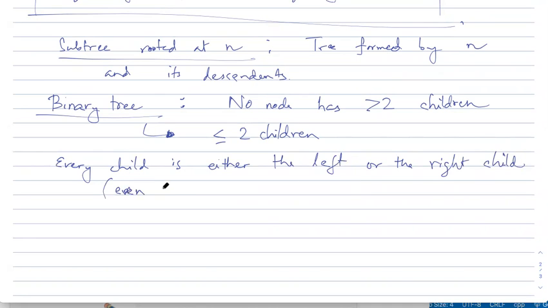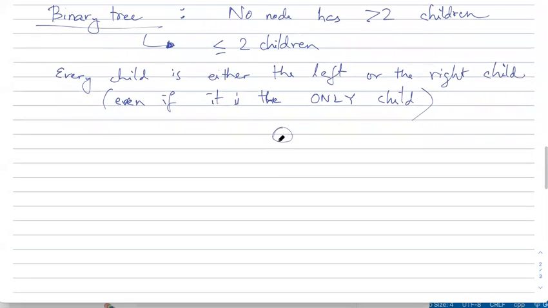Importantly, even if it is the only child. So binary tree would look like something like this. So suppose it's the root.